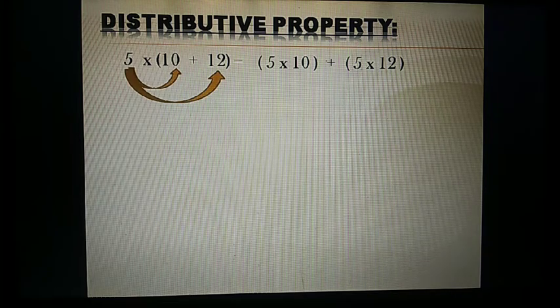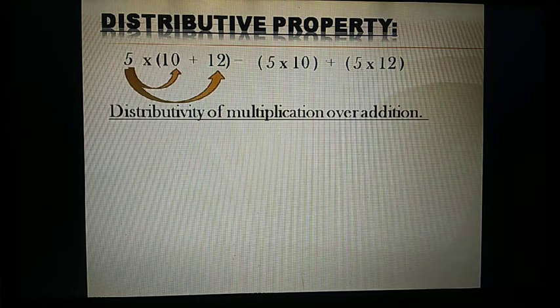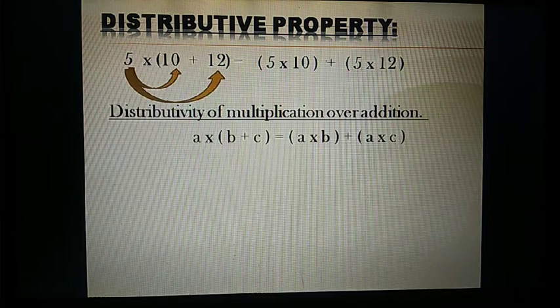Let them be A, B and C. So we will write this property as A into (B plus C) equals A into B plus A into C. This property is known as distributivity of multiplication over addition.